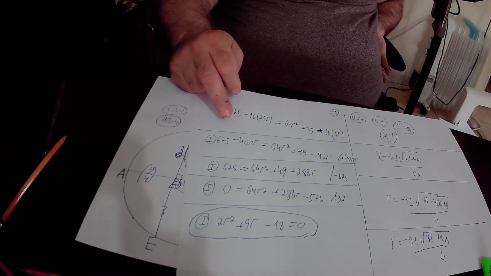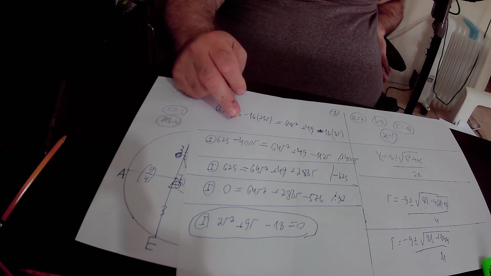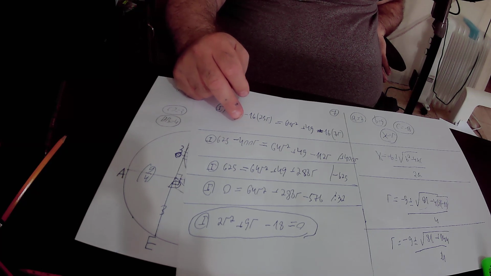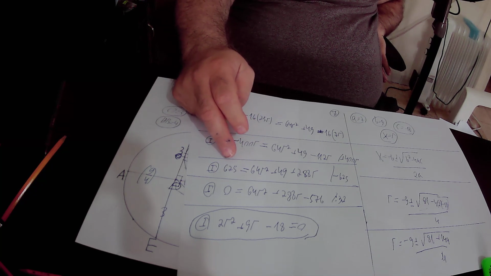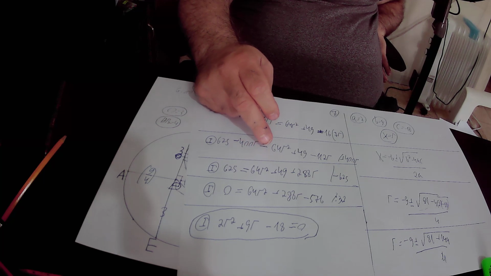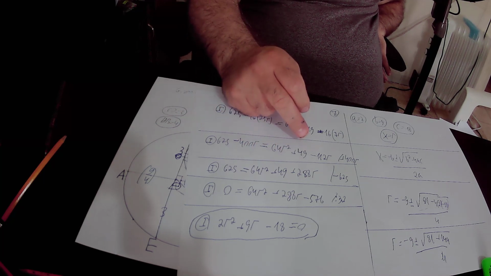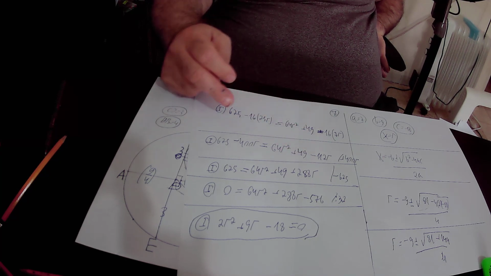So here we added 400R to this equation number 1. So here we will have 625, 400R minus 400R is 0, so we are left here only with 625. Here we have 64R squared plus 49, and 400R minus 112R is equal to plus 288R.